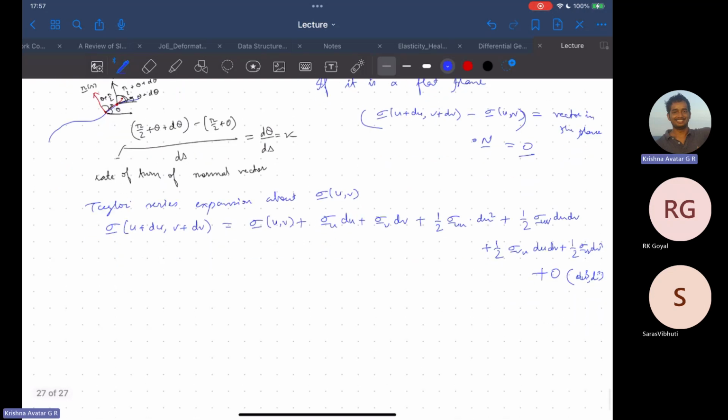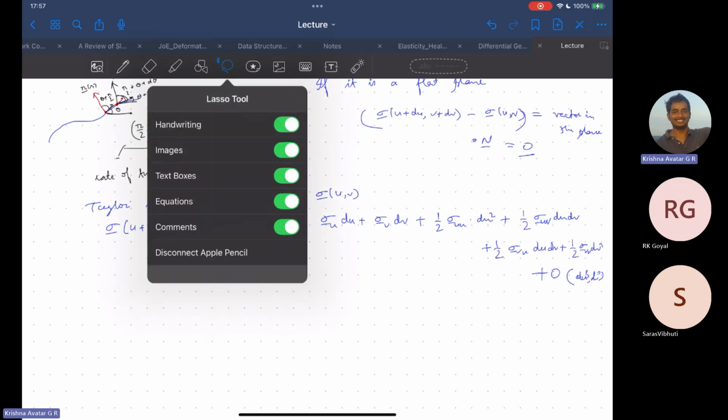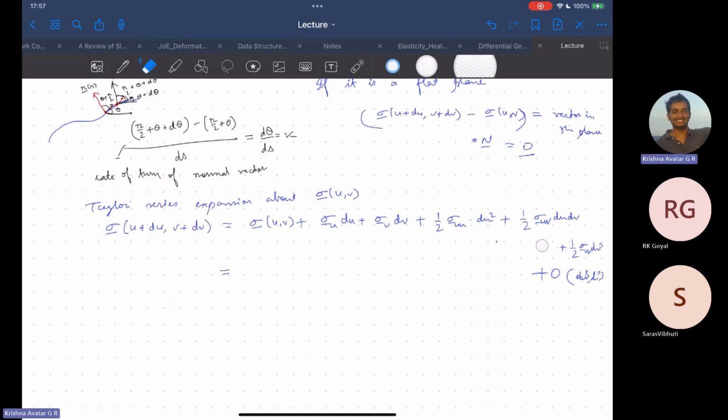Since sigma is a smooth map, these two quantities, sigma uv and sigma vu, are going to be equal. So we can remove one of them and multiply by 2.